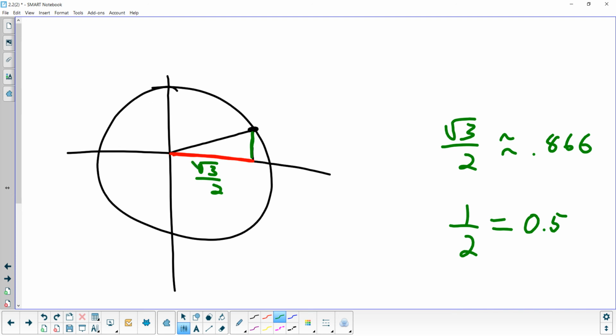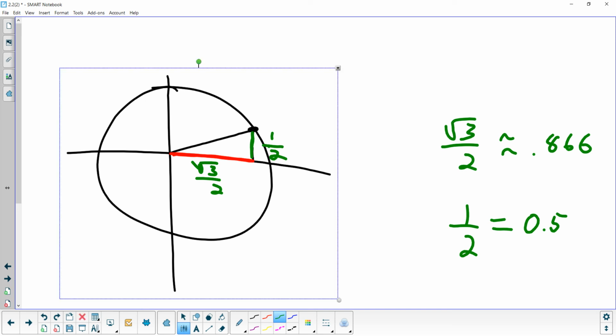The height is my shorter side. Shorter is smaller. It's the smaller number. So this would be my 1/2, which we usually write as a fraction. So now I can say the coordinate for 30 degrees would be root 3 over 2, comma 1/2. With the 60, it's just the opposite.